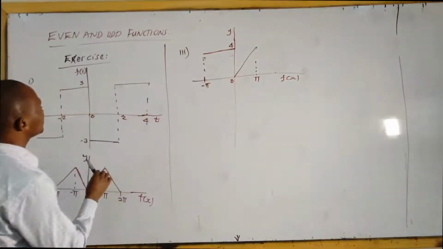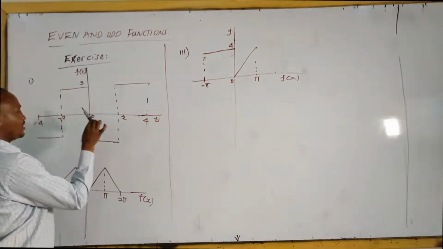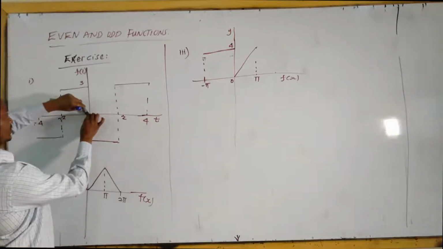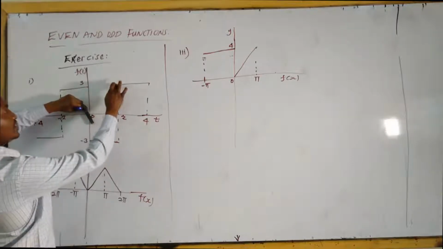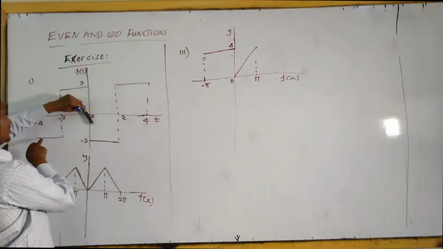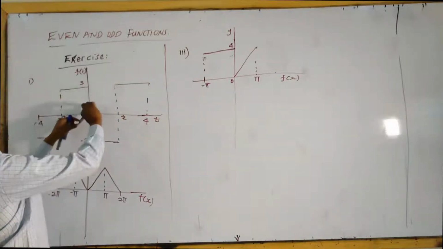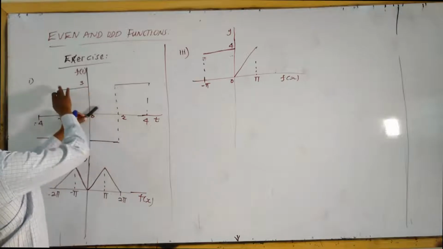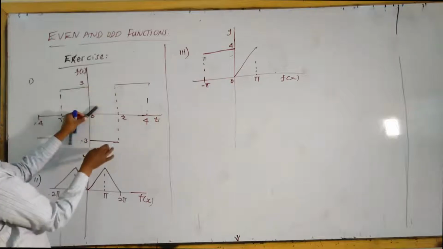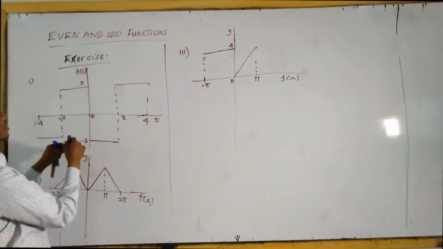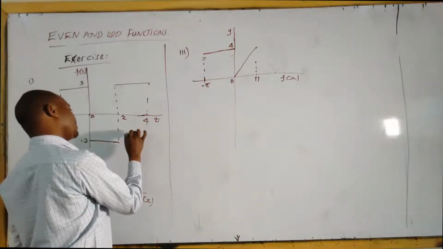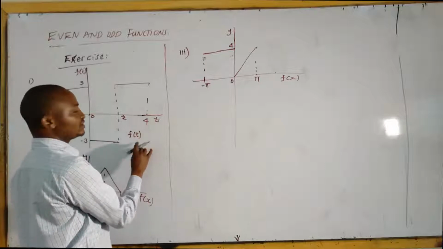If you look at this function, if you put your mirror here, its image in the mirror will be here. This one, its image in the mirror will be this one. So the first one, the function f of t, is odd.